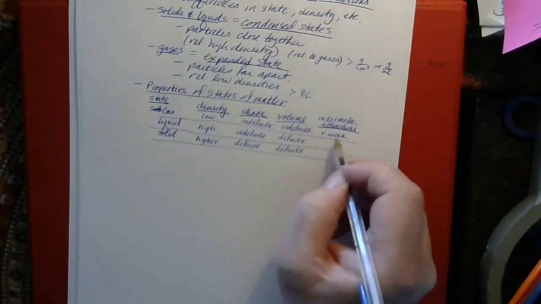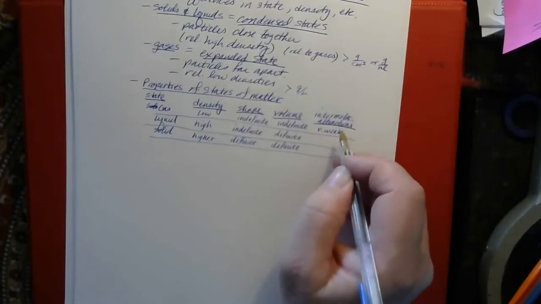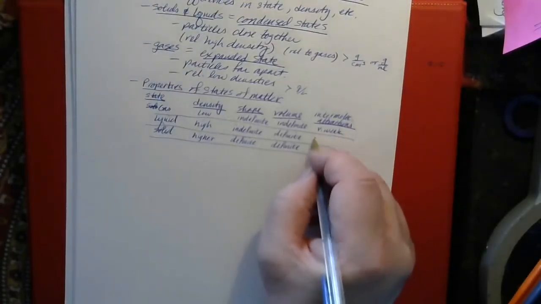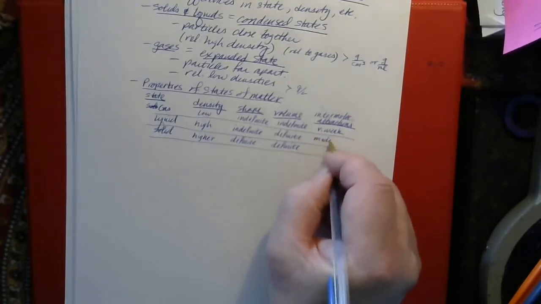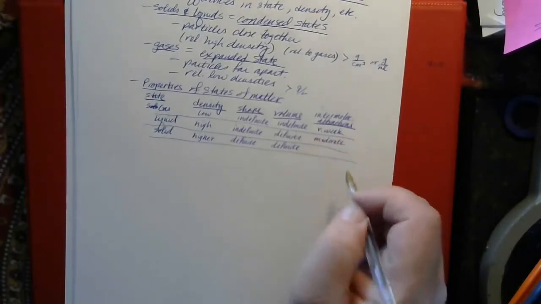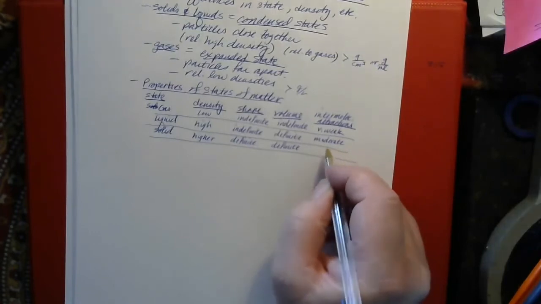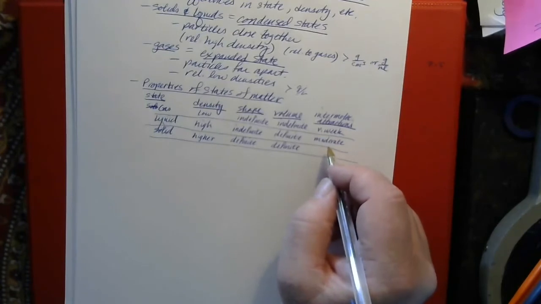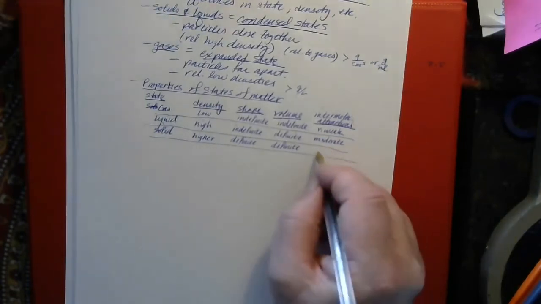Gases have very weak intermolecular attractions, essentially none for all practical purposes. Liquids have moderate intermolecular attractions. The particles in a liquid are attracted to each other enough that the particles cling to each other, but they're not fixed in place. So that's a liquid.